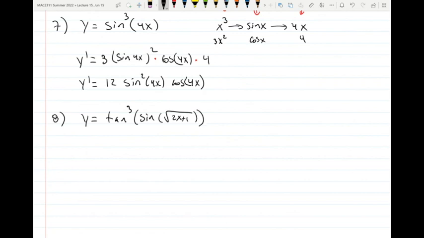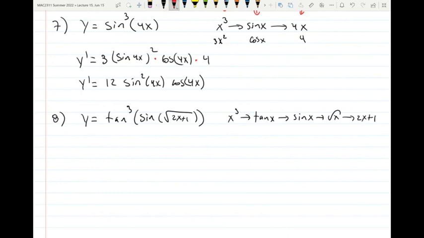Okay. Does everybody recognize that there are several compositions taking place here? Okay, so tell me the functions. Remember, always from the outermost all the way down to the innermost. X cubed, tangent, sine, square root, and 2x plus 1.